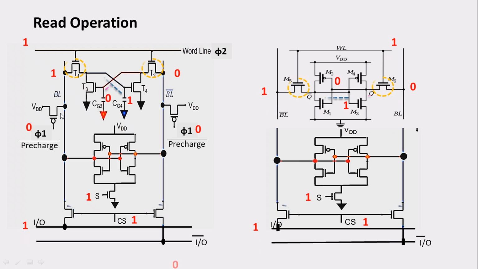Okay, so what this sense amplifier does is, based on the values I'm having over here, the same values are being written over here, even though there is some lesser voltage.